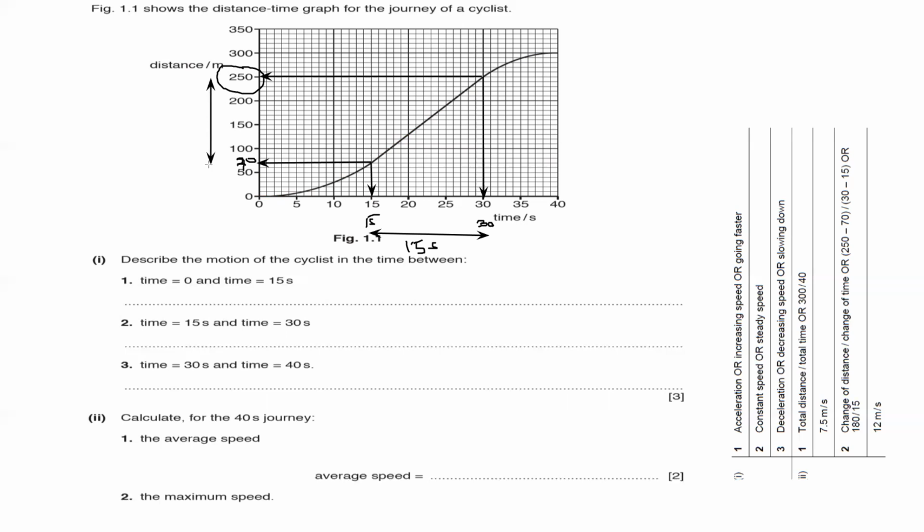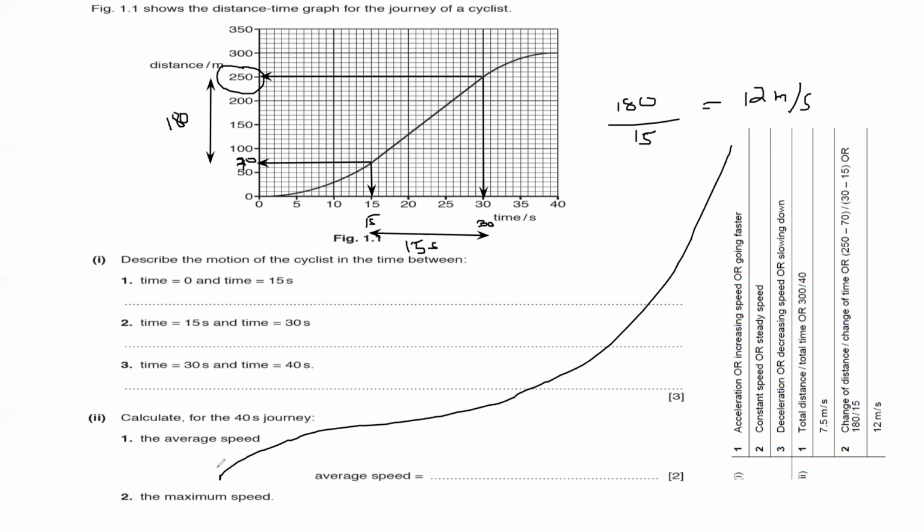So the maximum speed will be 180 divided by the time interval, which is 15, equal to 12 meter per second. That is the answer for the maximum speed.